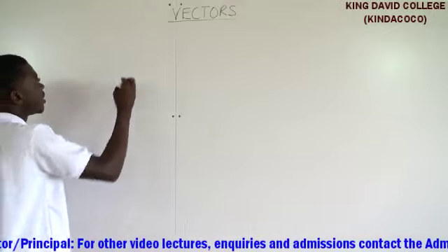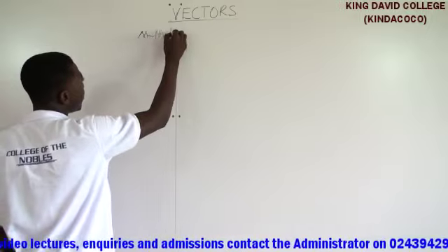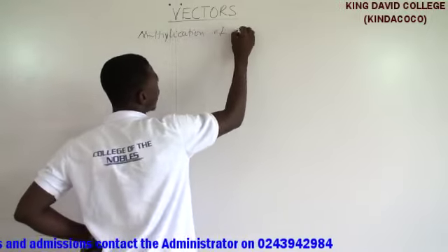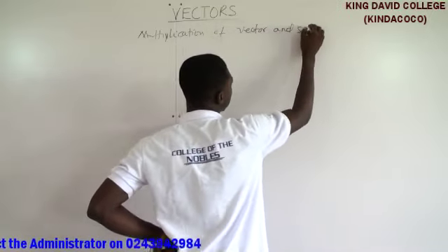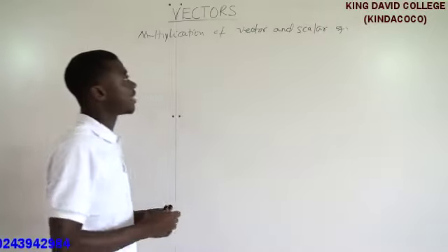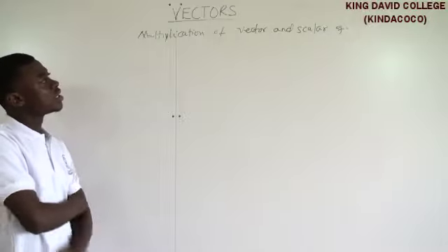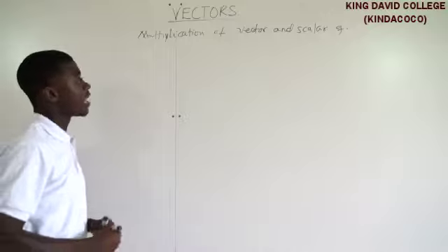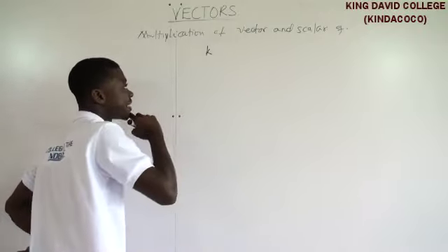Okay, so we are doing multiplication of vector and a scalar quantity. So we are multiplying a vector and a scalar quantity. Very well. So how do we do that? Supposing we have a certain scalar called k. So our scalar is k.